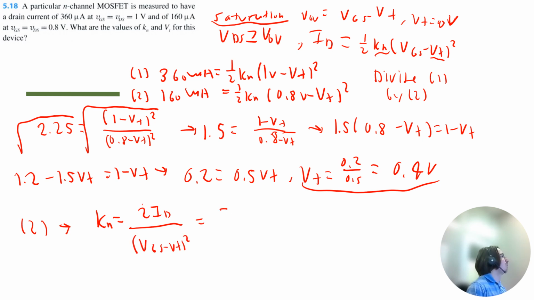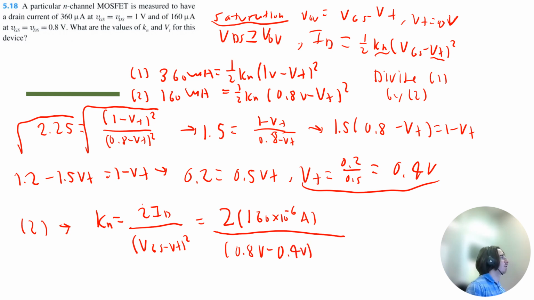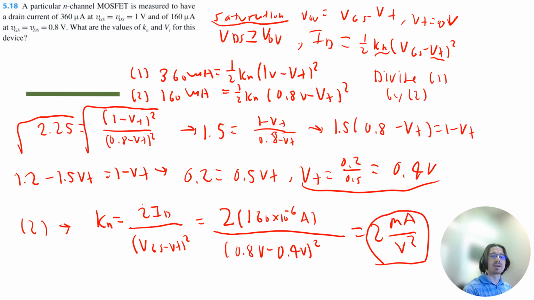So that's 2 times 160, converting to amps, 10 to the negative 6 amps, divided by VGS for case 2, which is 0.8 volts, minus our threshold, which we calculated to be 0.4 volts, squared. That gets us 2 milliamps per volt squared. And that solves the problem.